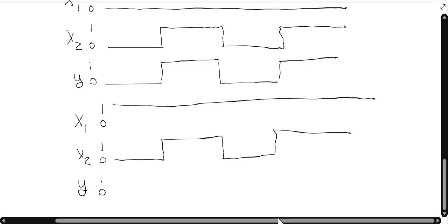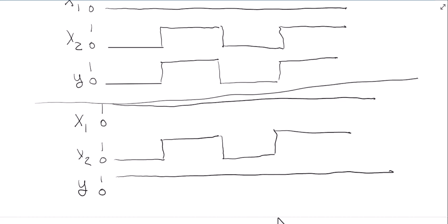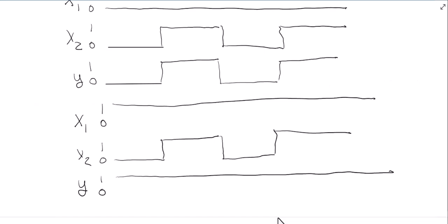And this time, my output is going to be 1 the entire time because x1 is always 1. My truth table for the OR chip says if either one of them is 1, my output is 1. So that's what my timing diagram would look like in that instance.